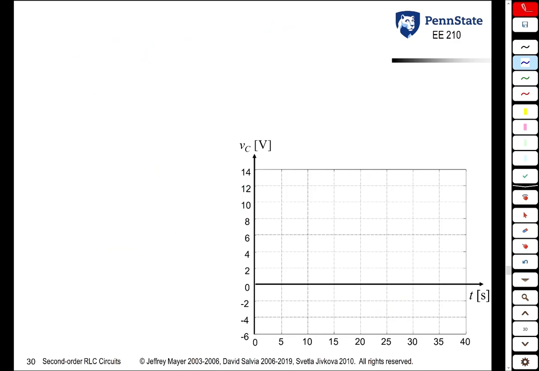Let's plot Vc of t now. So Vc of t for t less than 0 is going to be a constant, minus 6 volts. For t greater than or equal to 0, it's going to be 14 plus 5/2 e to the minus 3/8 t minus 45/2 e to the minus 1/8 t.